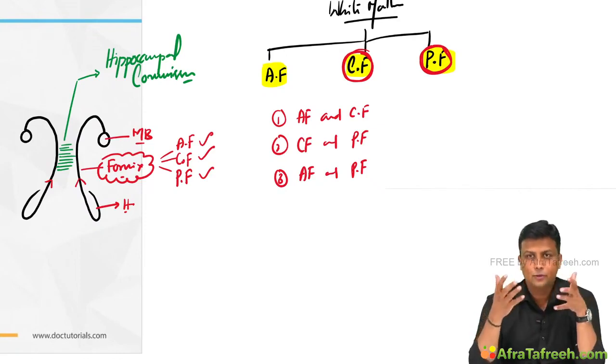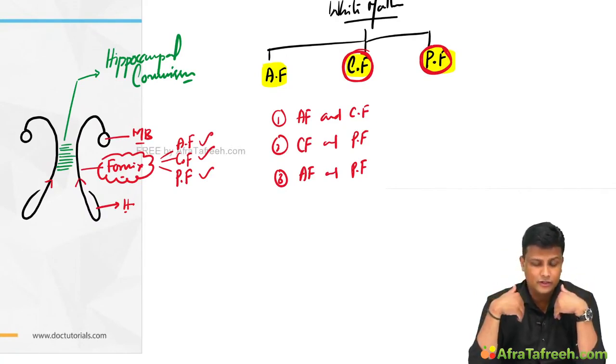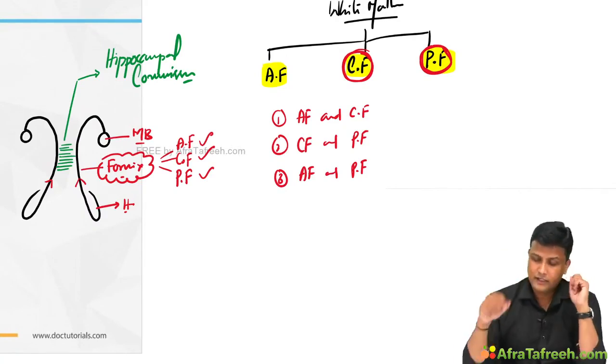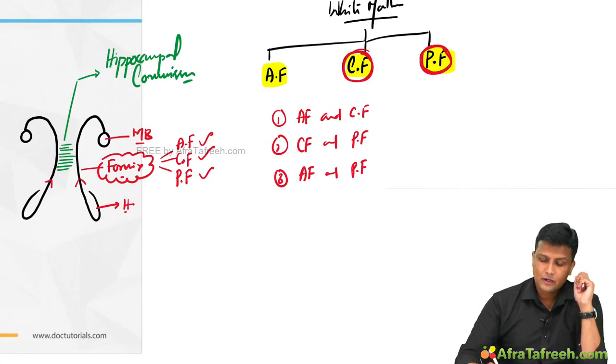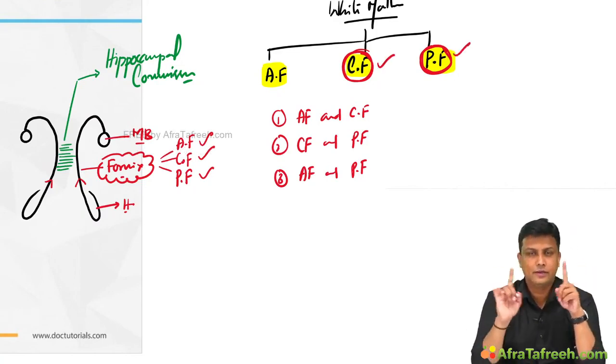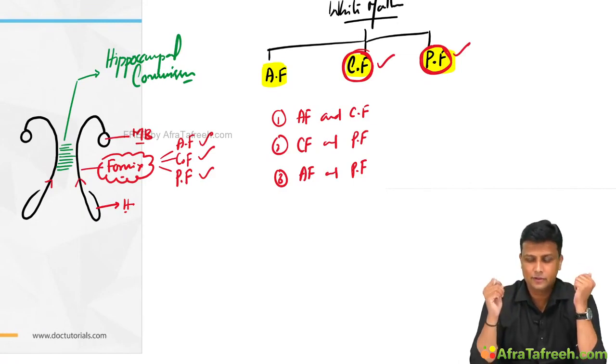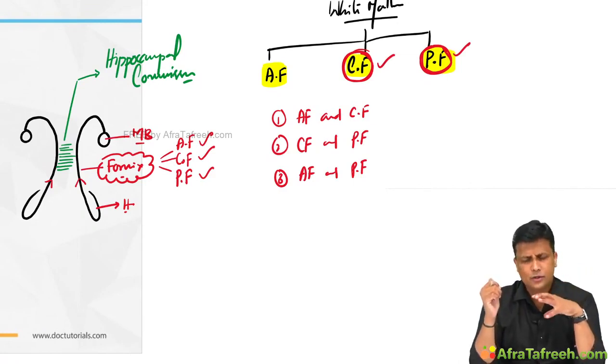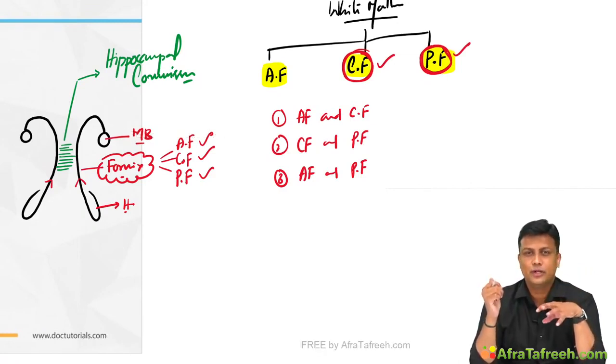I hope you remember in the regular classes I have taught you that. So it belongs to the projection fiber category. Commissural fiber, you are able to see that in the fornix, you even have the commissural fibers connecting the right and left. So if that was the question given in the exam, then the answer has to be yes.